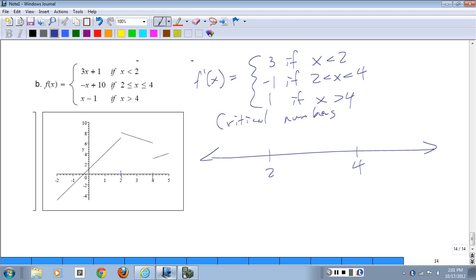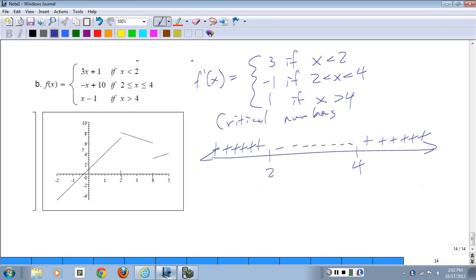And I'm just going to look at the picture because we know what 3x plus 1 looks like, negative x plus 10 and x minus 1. It's easy enough to graph. f prime is positive along this interval because it's 3. It's negative along this interval because it's -1. And it's positive on this interval because it's 1. We could pick a test number, but we'd just be evaluating these constants.